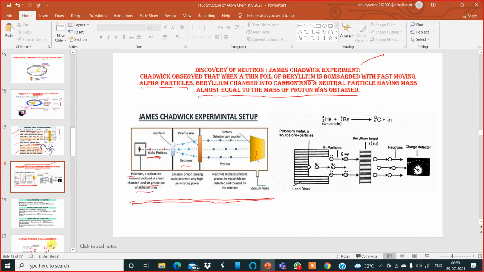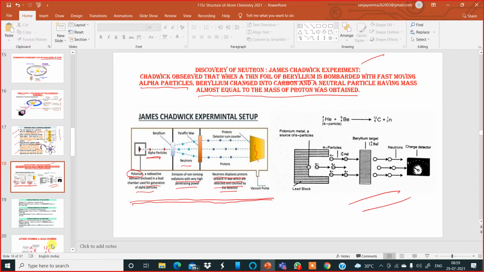So remember, polonium is used to generate alpha particles. There is emission of non-ionizing radiation with very high penetrating power, and then neutrons displace protons present in the wax, which are deflected and counted by the detector. So it is possible to count them also. By the help of this experiment, the neutrons were discovered by James Chadwick.